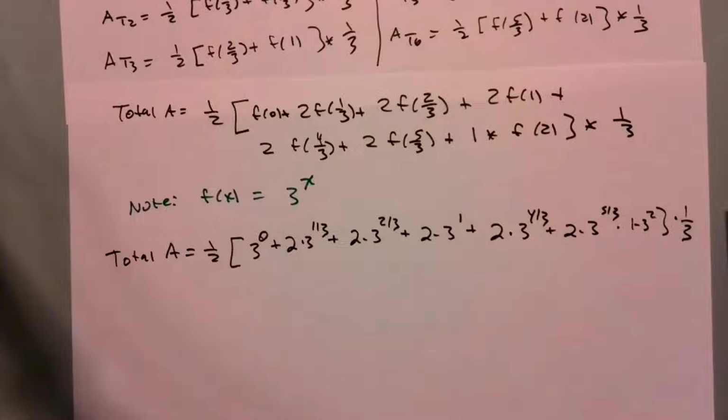So I have, actually, make it 1/6 to make it a little bit easier. 3 to the 0 is 1, plus 2 times 3 to the 1/3, plus 2 times 3 to the 2/3, plus 2 times 3 to the first, plus 2 times 3 to the 4/3, plus 2 times 3 to the 5/3, plus 1 times 3 squared, and I'm getting an answer.